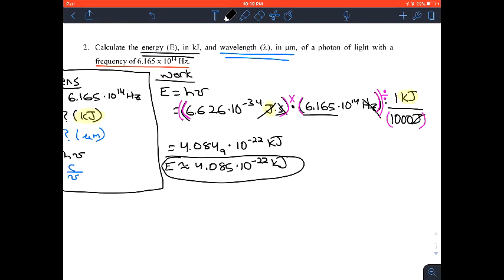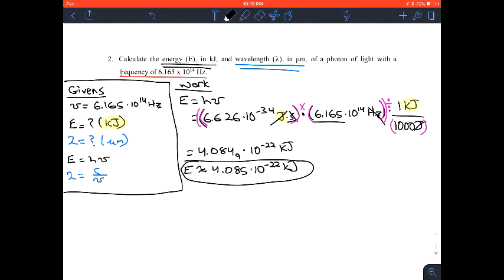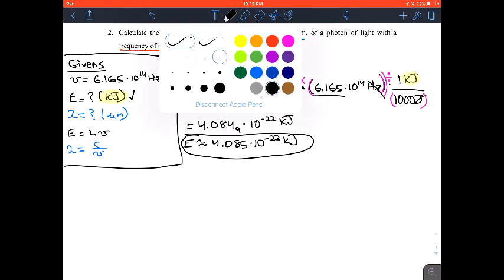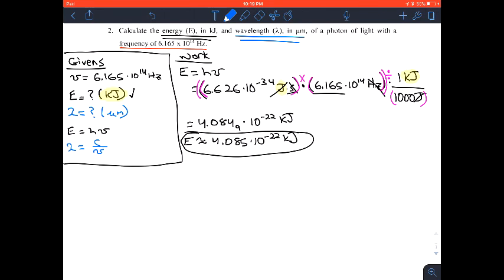Okay, so that's how you solve for the energy for number 2. Energy is finished. Now let's move on to wavelength.